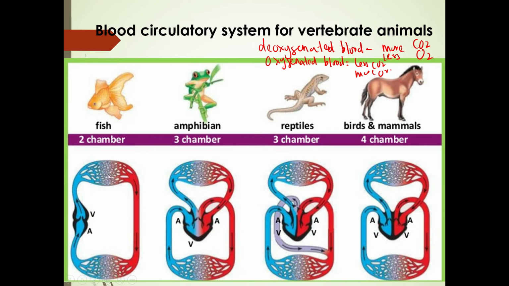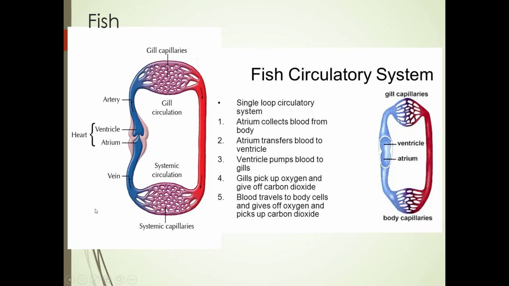Now it becomes oxygenated blood and travels again. This is called a single circulatory system, because there is only one way like this. So this is for fish. This is the explanation that I already explained.